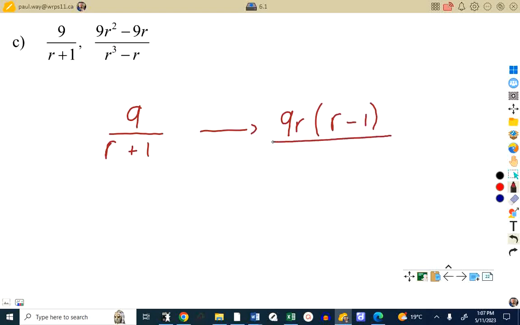I can factor out of the bottom an r and be left with r squared minus 1. Are you guys still with me here? That r squared minus 1 factors as a difference of squares.